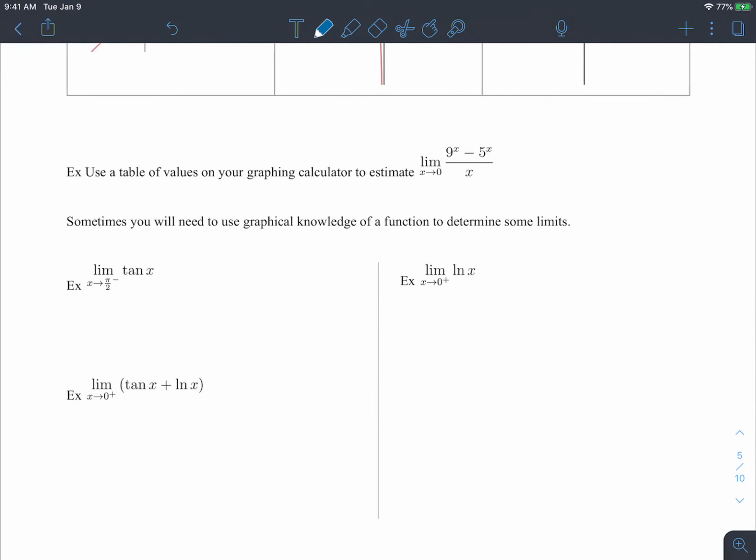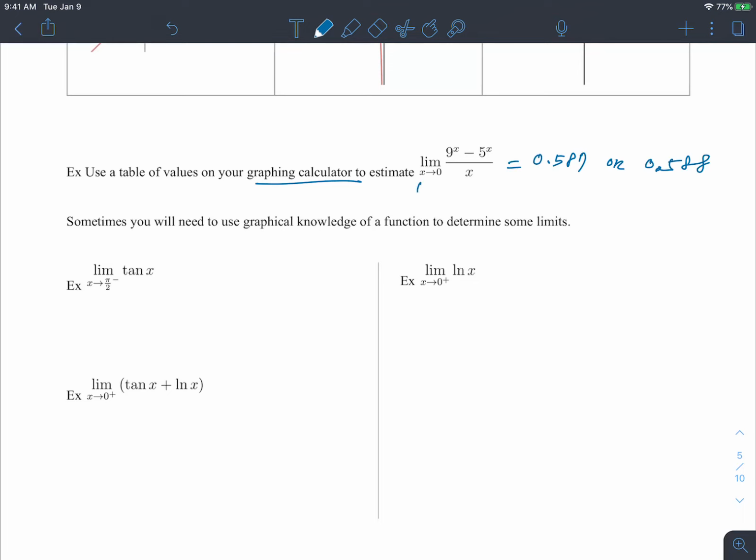For this one, you could use a graphing calculator, plug in a value like maybe 0.001 or something like that. And you should be getting something like 0.587, or depending on what you put in, it might have been 0.588. For something like this, unless I specify what the value is, I'm not going to be too much of a stickler, right?